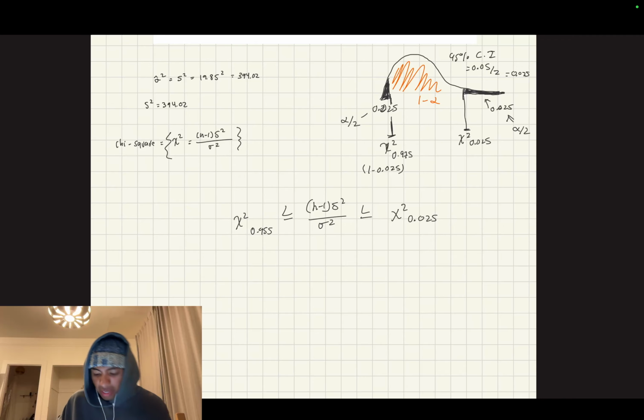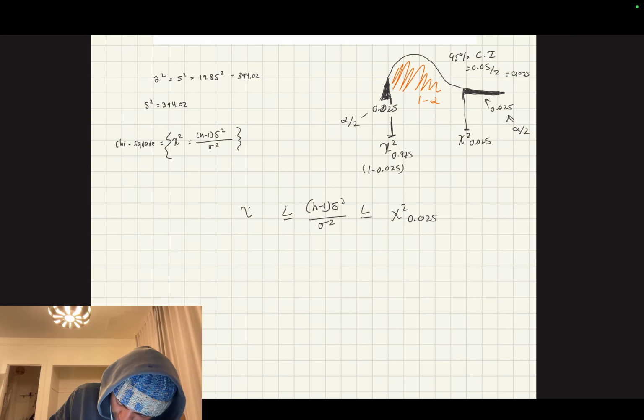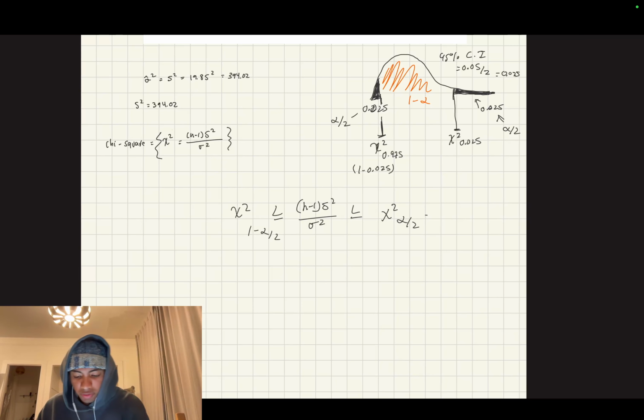Another thing we can call this is 1 minus alpha, and let's call this side chi-squared at 1 minus alpha divided by 2. This is alpha divided by 2.